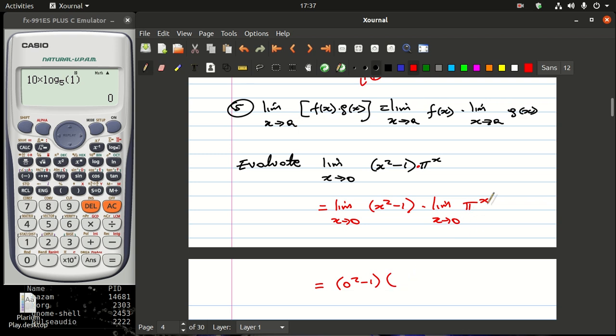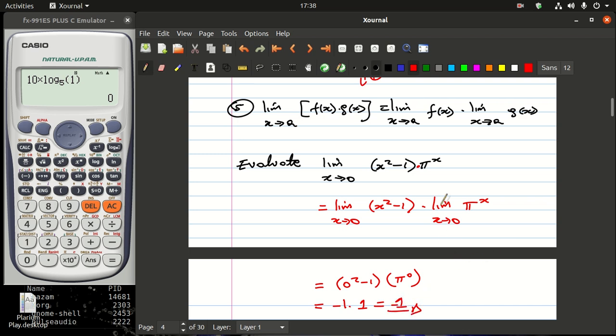And plugging in a 0 here, we end up having pi raised to 0. What is good about this is that 0 squared is 0, minus 1 is going to be a minus 1, times this number. This pi is positive, you raise it to 0, you end up getting a 1. So this whole thing is going to be just a minus 1.